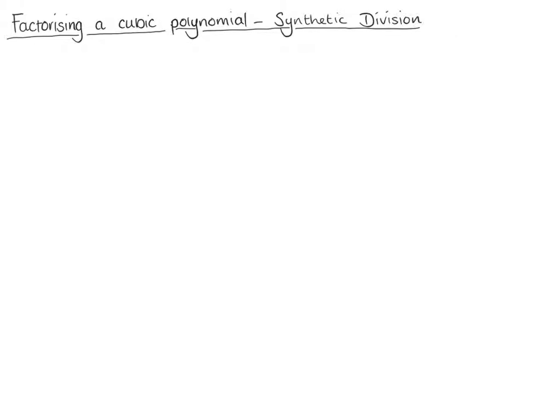Okay, so what we do is we're assuming that we have a polynomial f of x, and instead of giving it actual numbers, it's ax to the 3 plus bx squared plus cx plus d. Okay, so what we're doing is we're putting it into nested form.